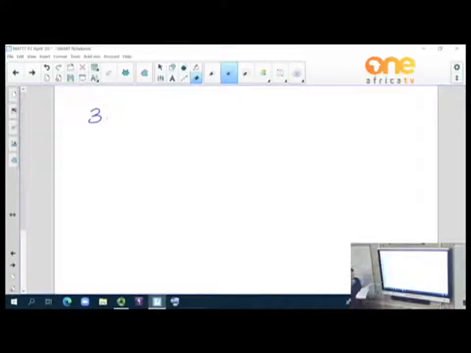So number 3, a piece of rope is 90 centimeters long. It is formed into a sector OCED of a circle, and the arc subtends an angle of 110. Find the radius. So the same thing here. Write down your formula, theta over 360 of 2 pi r.